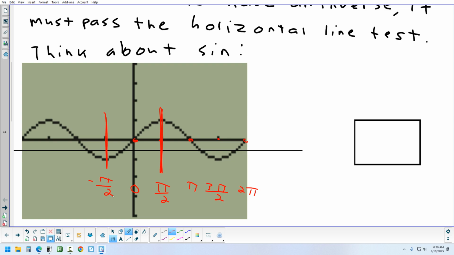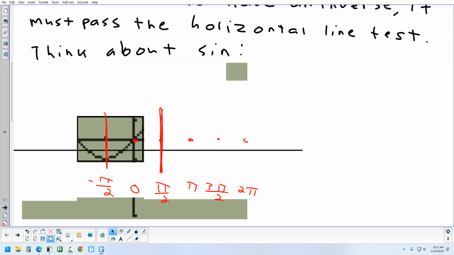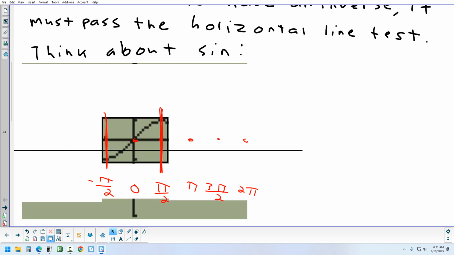So if we restrict the domain to be between what and what, we have a section that passes the horizontal line test? Negative half pi and half pi. Yeah, negative pi over 2 to pi over 2. It's not the only section. You could use a section over here like that, or another section over there like that. But that is the most common section that is used.